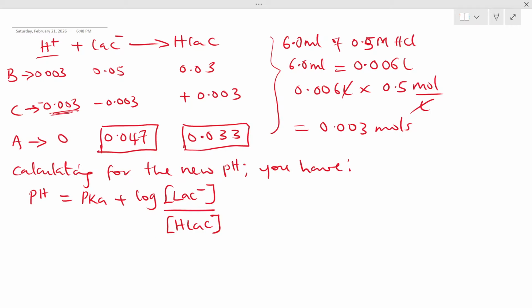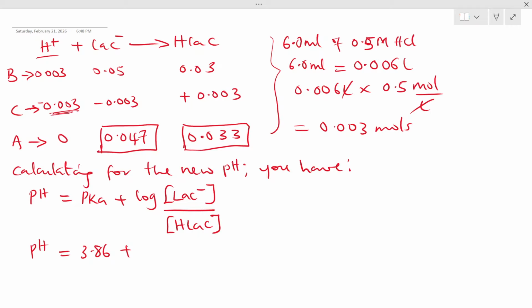So in carrying out this calculation, pH therefore is equal to your pKa, given as what? 3.86, plus your log.